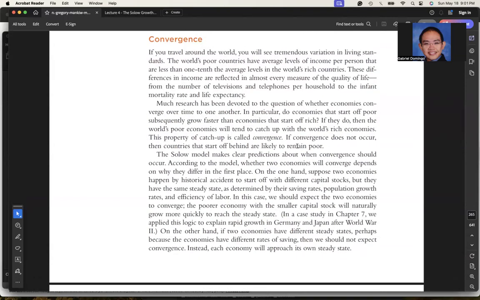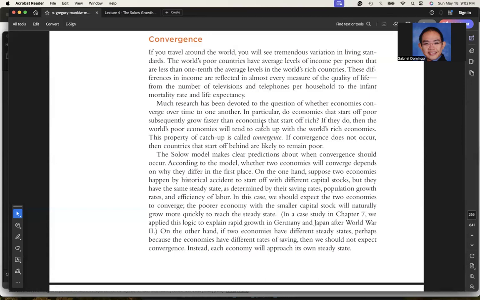Next concept is called convergence. So what is convergence? If the K star for all of the countries are the same, and the only difference between poor countries and rich countries is that the poor countries have less capital per worker than the rich countries, then the poor countries will have a faster growth rate than the rich countries.